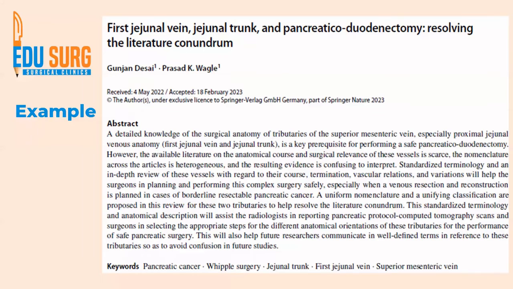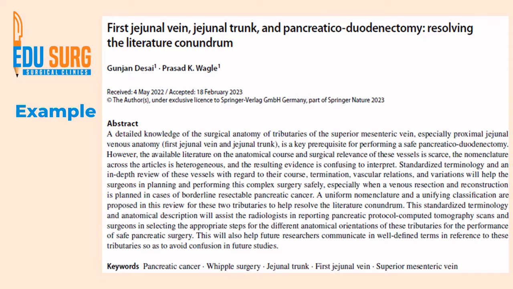So let us see an example. This is one of the review articles that we recently published. The article title is very clear that it is based on the first jejunal vein, jejunal trunk, and Whipple. And it's a review article because we are trying to resolve a literature conundrum. So this is catchy, this is concise.